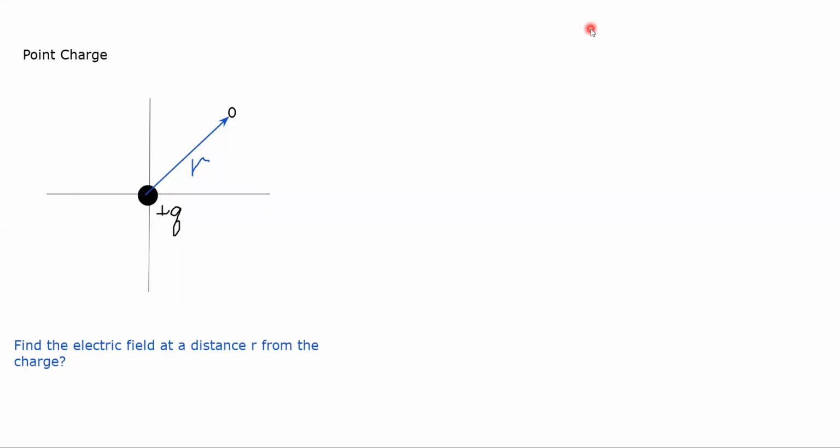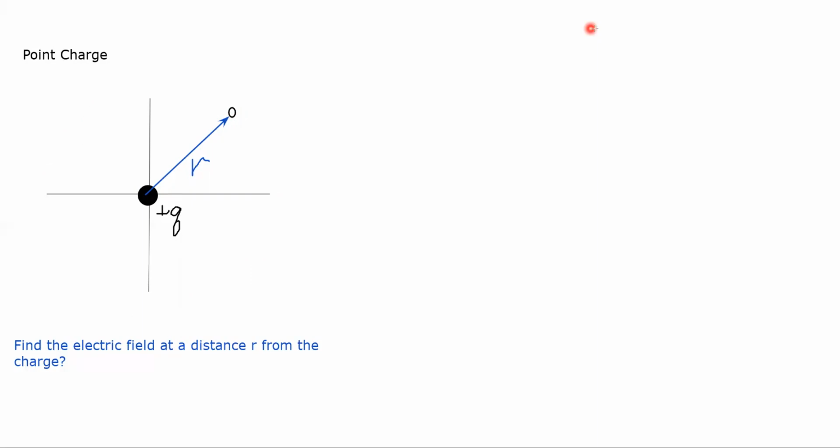So if I go right here, if I have that same radius, the electric field is going to have the same magnitude here as it would here, as it would here. Anywhere on this circumference, the electric field will be the same because we're equidistant from the charge. Okay, so how do I use Gauss's law to find that?